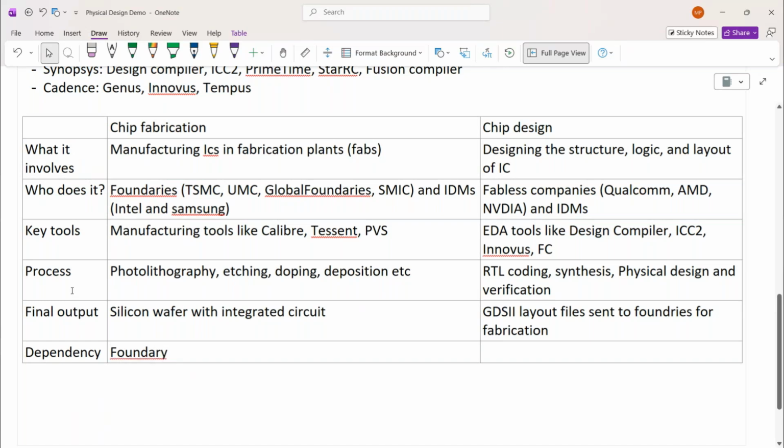Foundries manufacture chips based on design files sent by us. Designers, us means us, rely on foundries to manufacture the layout.